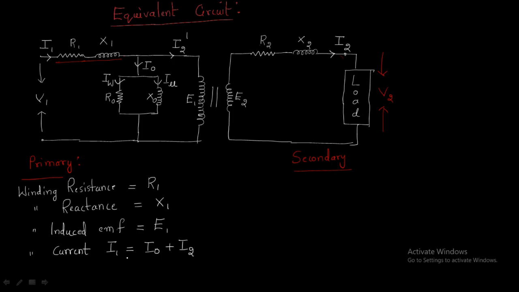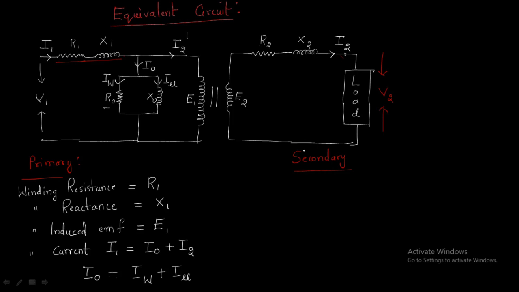I0, the no-load current, is a combination of the working component as well as the magnetizing component. This is about the primary winding side, and the primary winding has the resistance R0 and reactance X0.